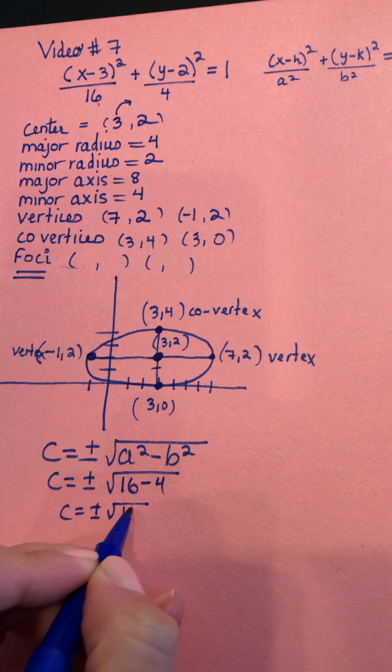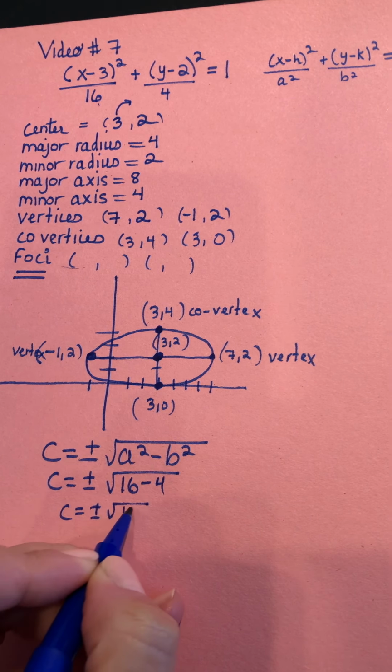So to get my foci, I'm going to go plus 2 root 3 from this x value. So starting from the x value of 3, I'm going to go plus 2 root 3, and I'm going to be as high as positive 2.